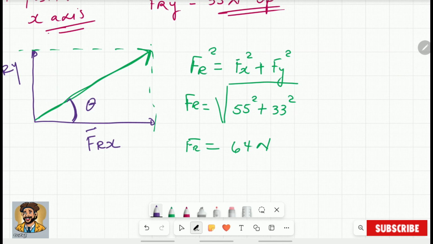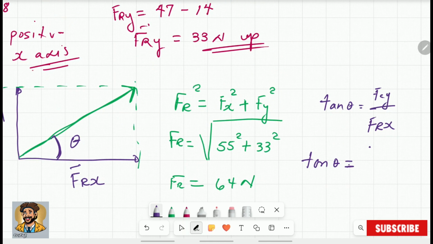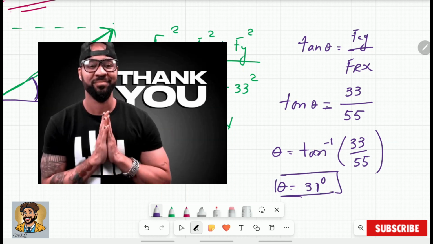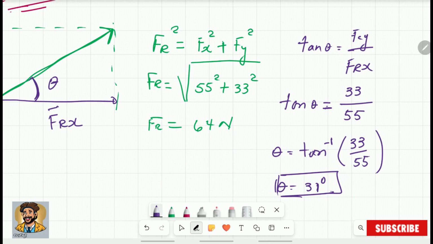So tan theta is equal to Fr in y divided by Fr in x. Theta is 31 degrees. Guys, this is how we use this method to get the final answer.